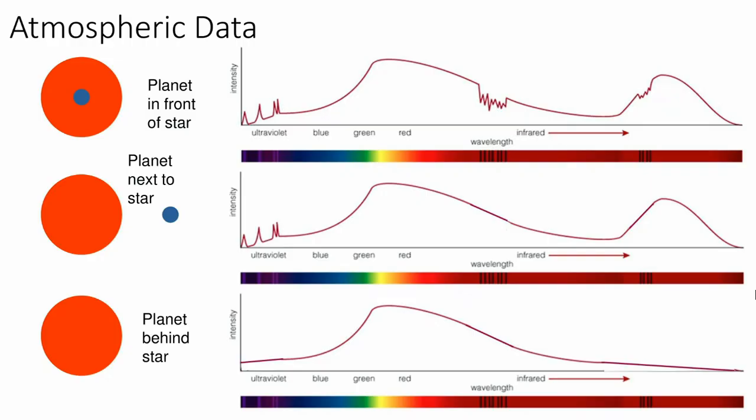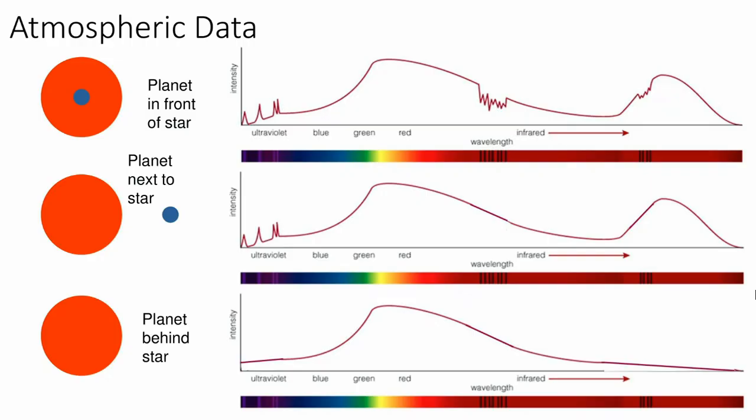So when the planet is next to the star, so not in front or behind, now you're getting the black body emission from both objects, and you're getting the emission from that planet's atmosphere. And then when the planet goes behind the star, now you're only getting the black body curve from the star itself.